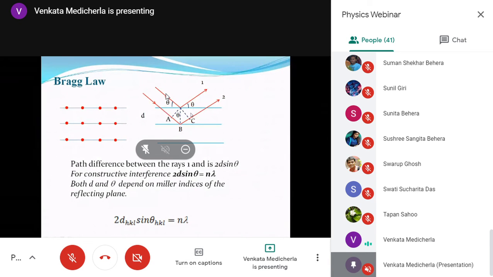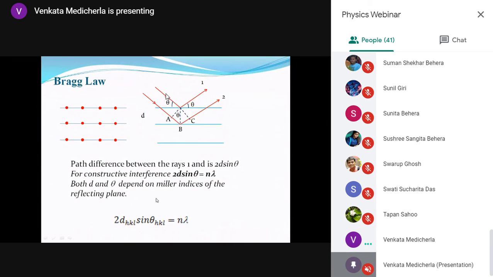Theta also depends on hkl. So you can write Bragg's law in a more informative manner: 2 d_hkl sine theta_hkl is equal to m lambda.